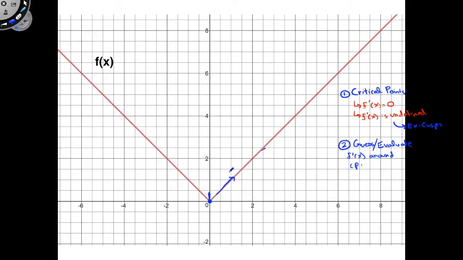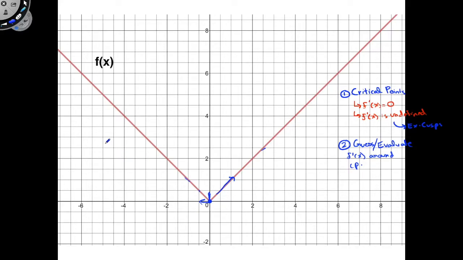So the slope of the tangent line for everything to the left of the critical point is going to be a constant slope. As you can see, the graph climbs one box for every one unit it moves to the right, so the slope would be -1.